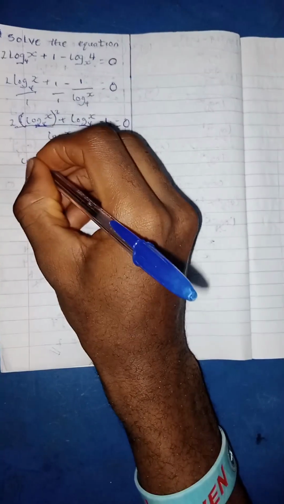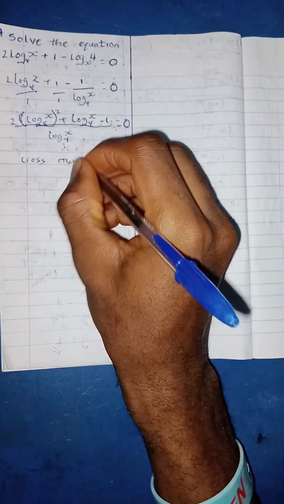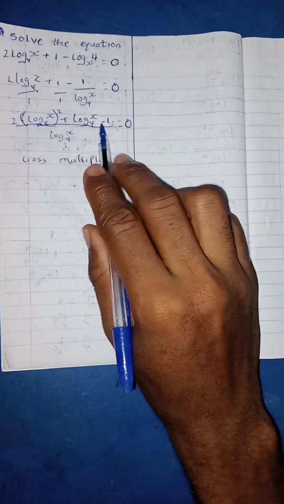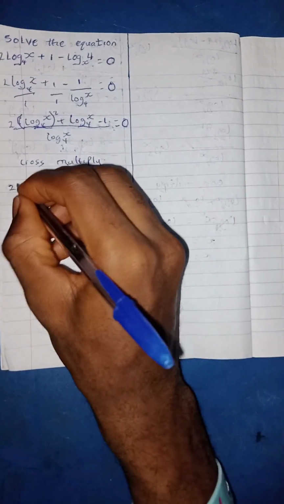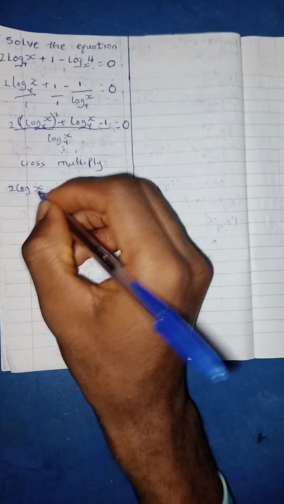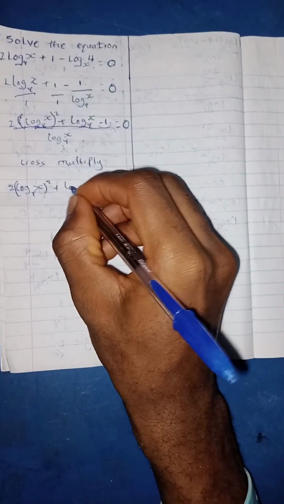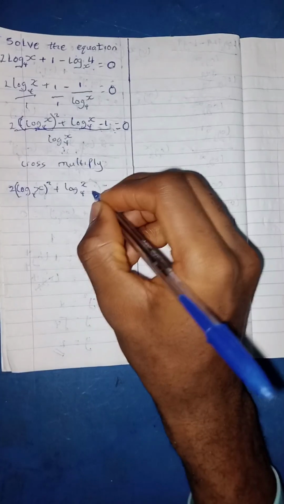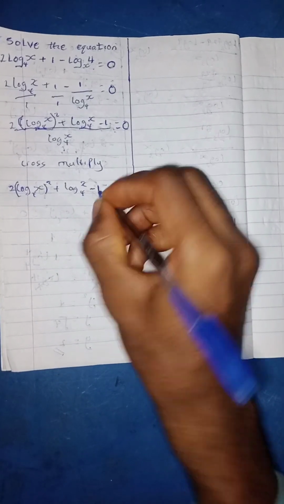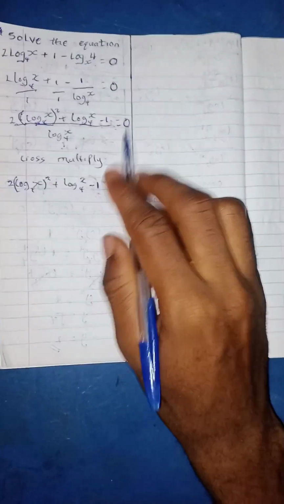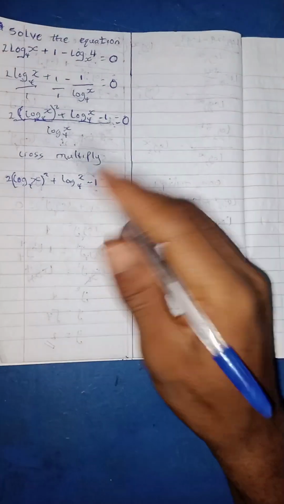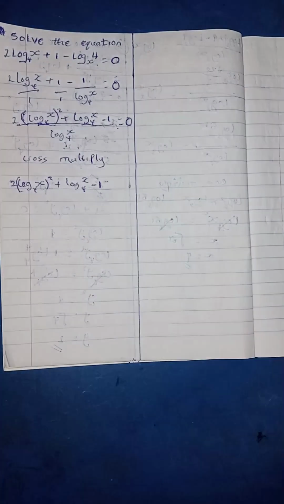So we cross multiply, and we have 2 log x to the base 4 squared plus log x to the base 4 minus 1. On the other side, we have 0 times log x to the base 4, which cancels out, so there's no need of writing it.